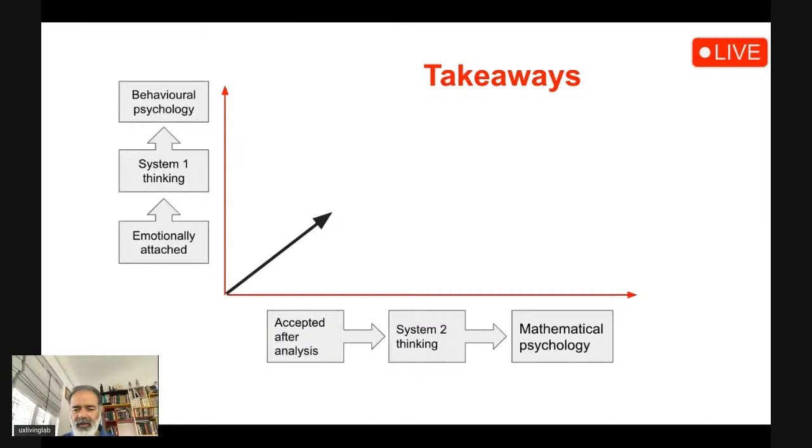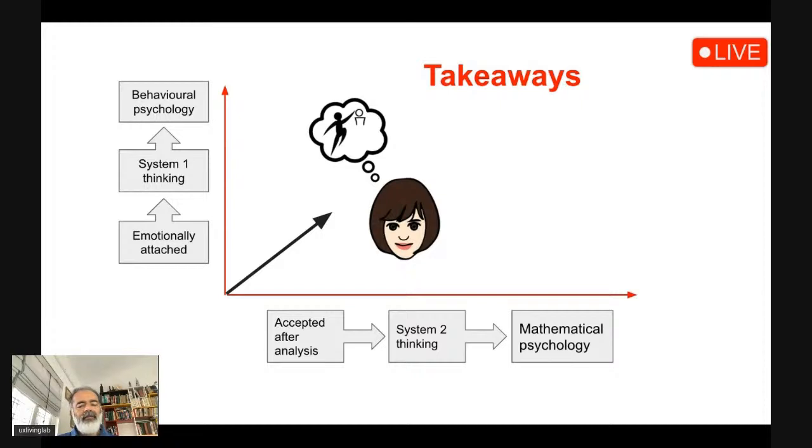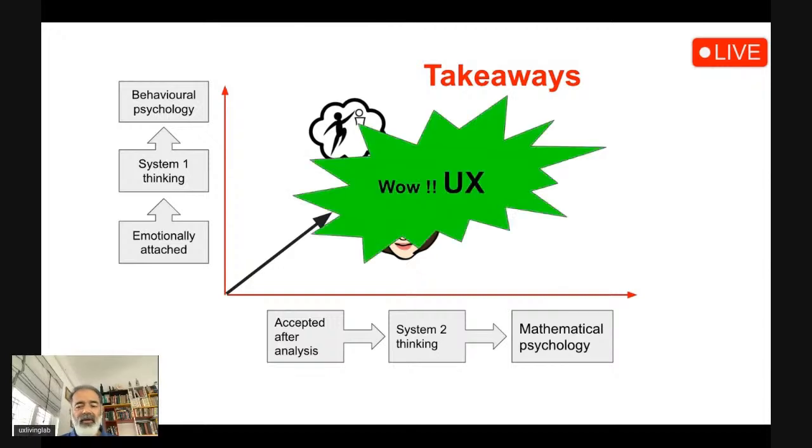As a UX designer, you have to find the match between these two aspects of the thinking process, then enter the consumer's visual space, how the consumer visualizes the usage of your product and brand. If your UX design reaches that level, of course, that's a great UX design. Okay, this is the takeaway.